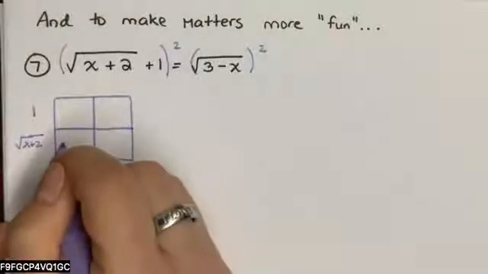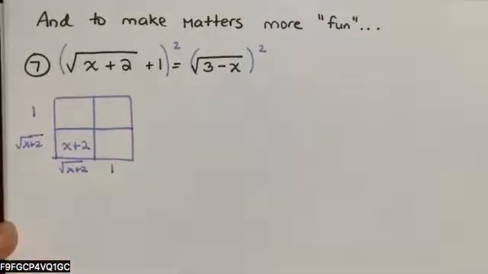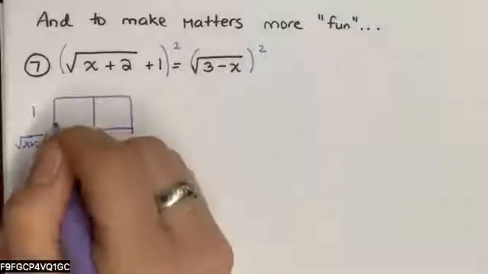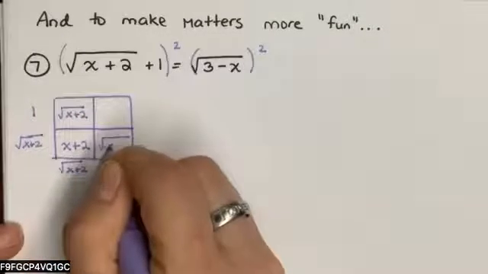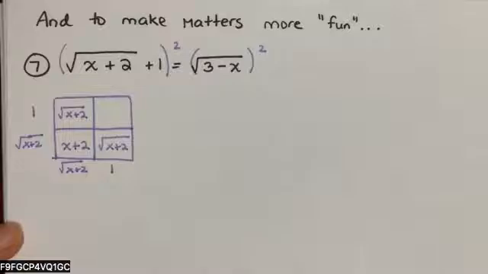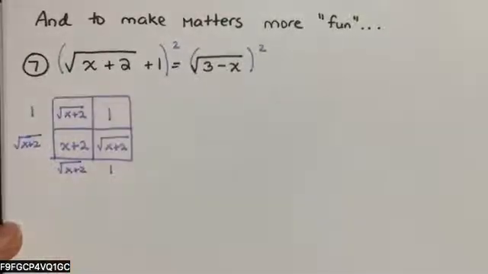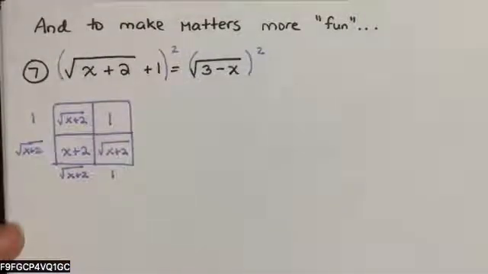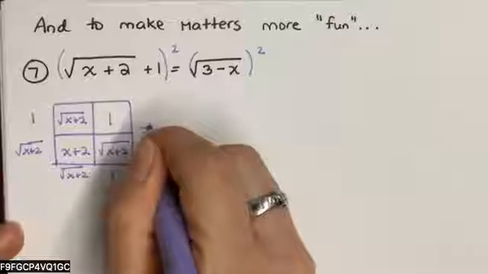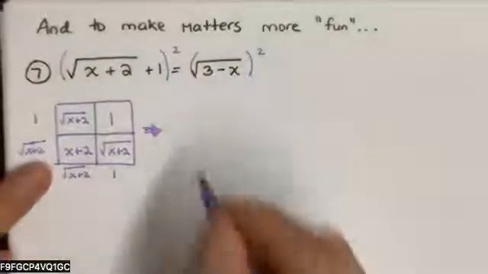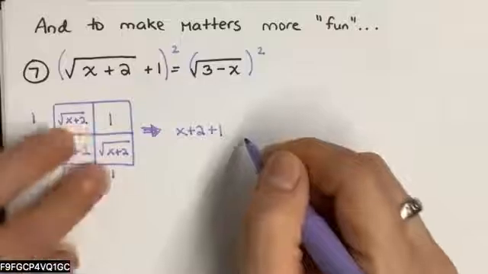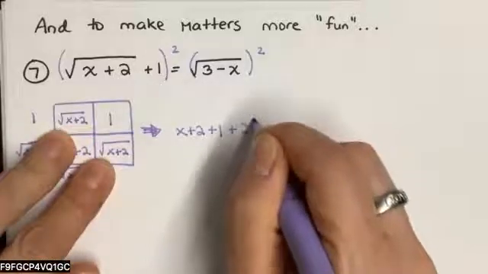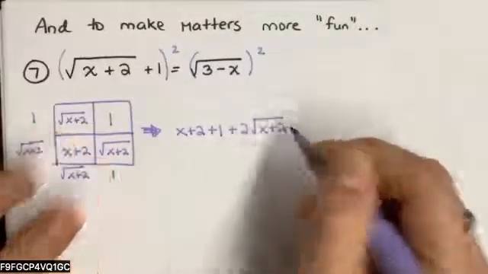Now, multiplying any root by itself is just going to dump out its contents. Here, I'm multiplying the roots by 1, so I get the same thing. Here, 1 times 1 is 1. So if I look at what this box produces, I get x plus 2, I get a +1, and then I get 2 x plus 2's in a root.